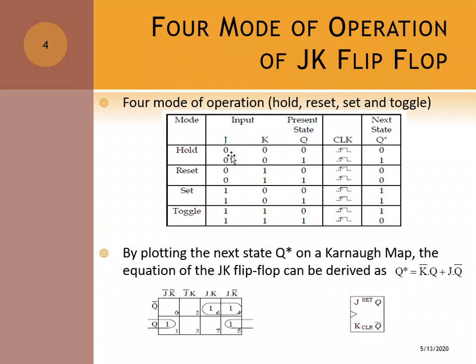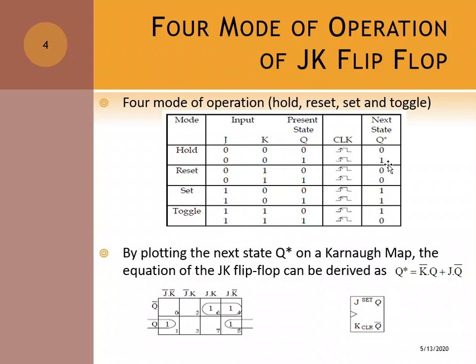Hold means, recall back, quite the same as the SR flip-flop. So when J equal to 0, K equal to 0, if the present state is 0 and the clock is activated, the next state will also be 0. If J equal to 0, K equal to 0, present state 1 and the clock is activated, next state also 1.